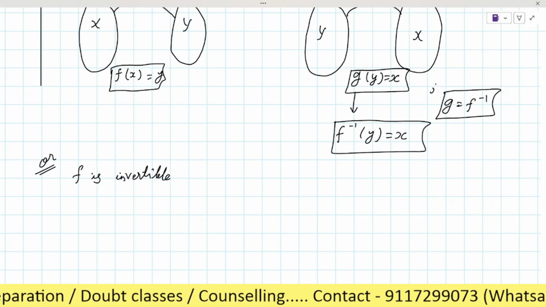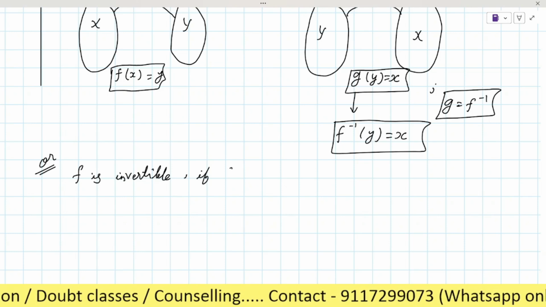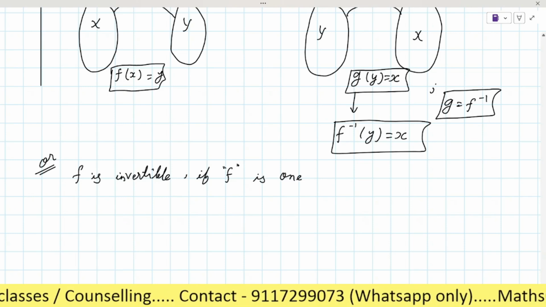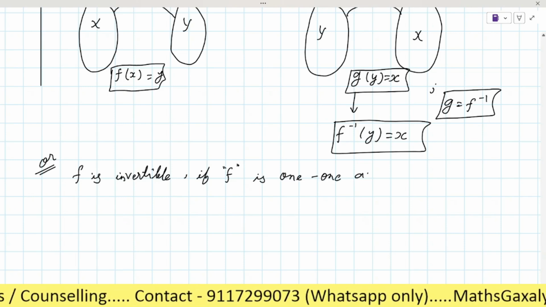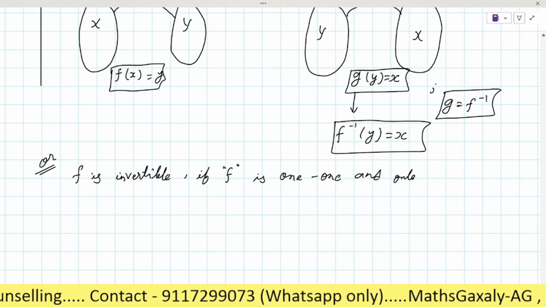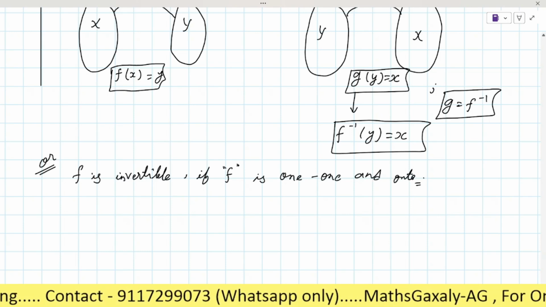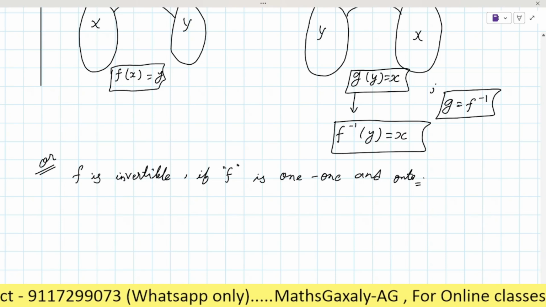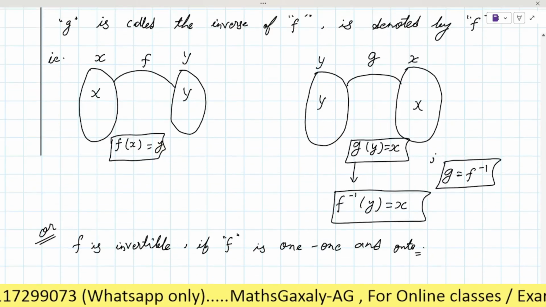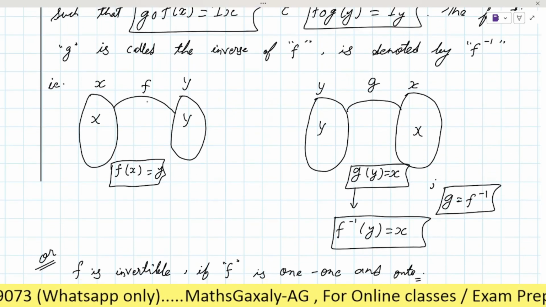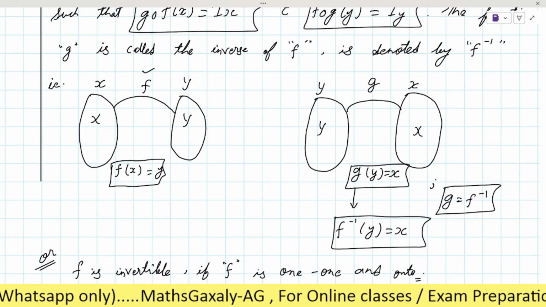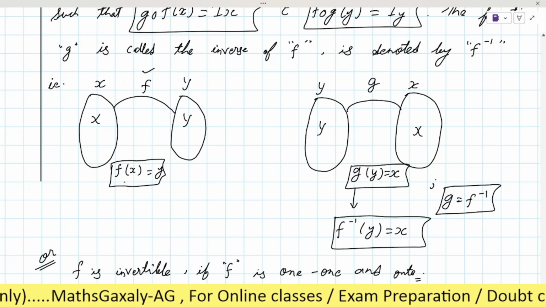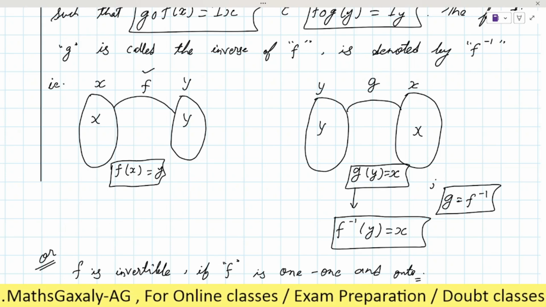f is invertible when the function f is one-one and onto. Now try to understand the meaning of this. See here, this is the function f, and as we know, when we put x, we get f(x), that is y.